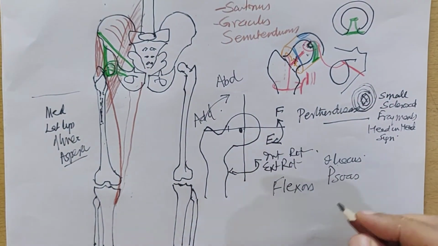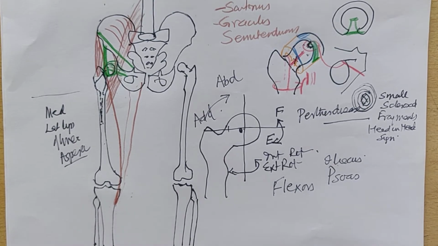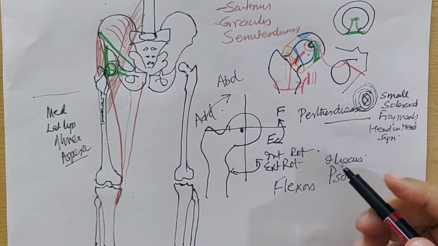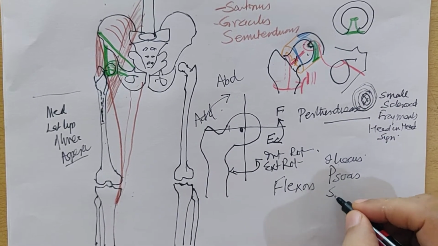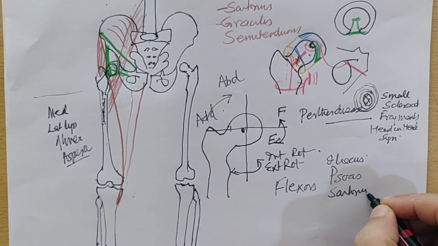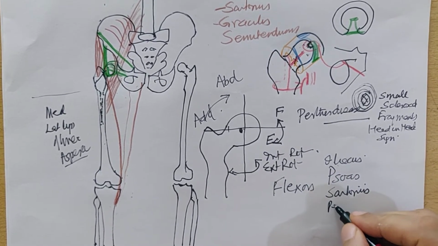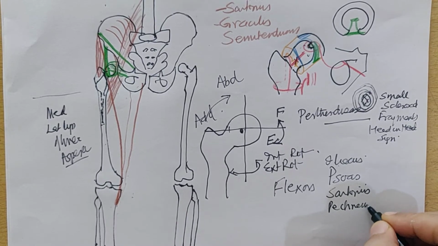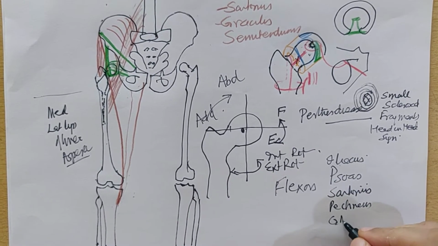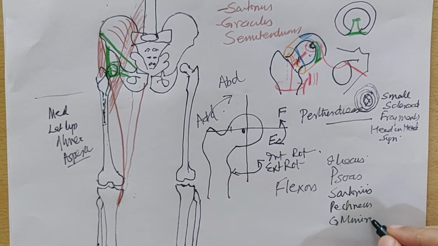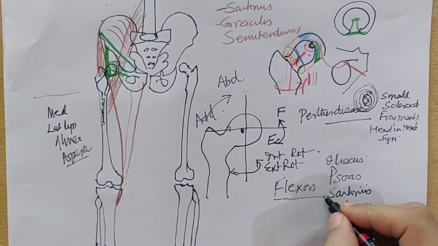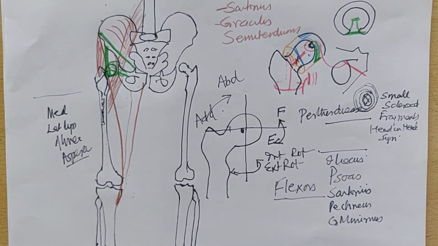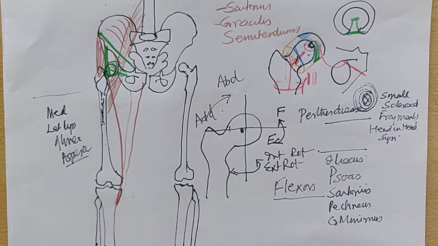So we list them: iliacus, psoas, sartorius, pectineus, and gluteus minimus. So these are the flexors of the hip, and this is in short their origin and insertion.